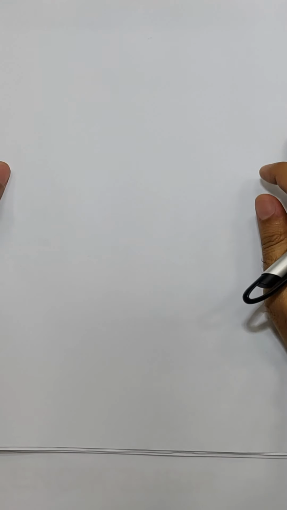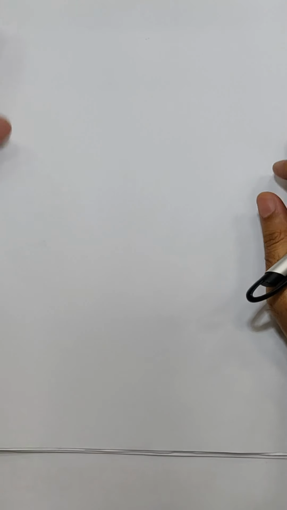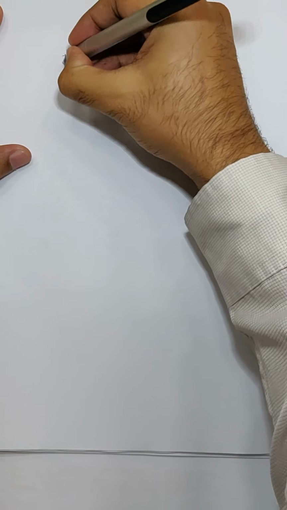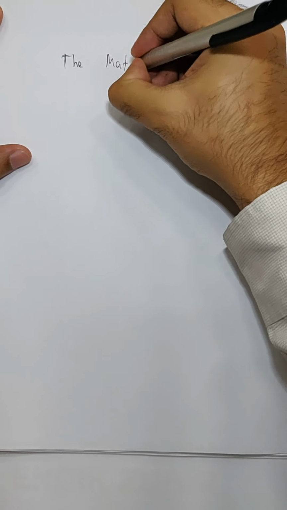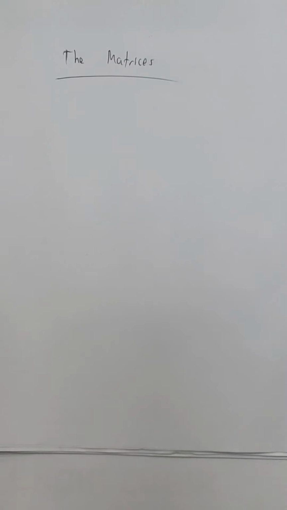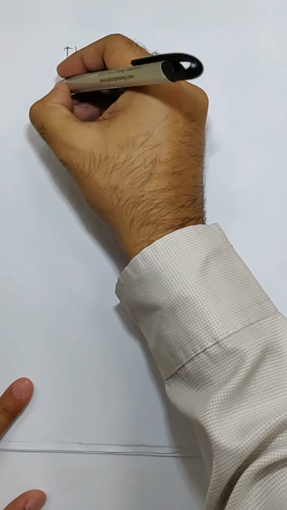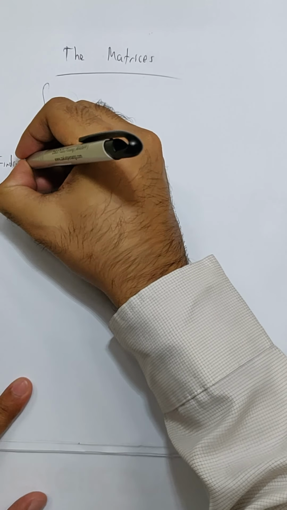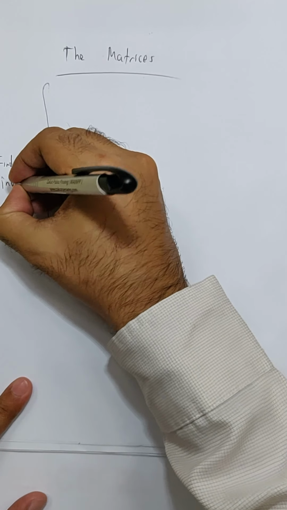A little bit of summary for this chapter, which is the matrices. There are, I can say, mainly two big parts. The first part is finding inverse.